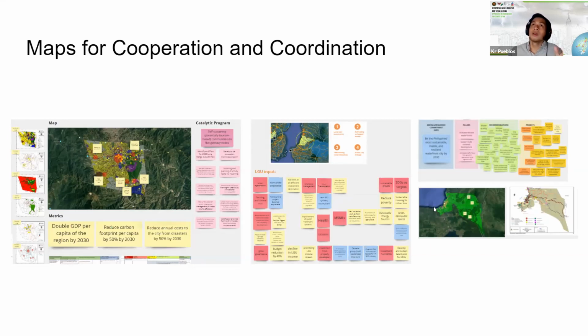And LGUs aren't the only ones looking at your maps. You also have to look at how these projects develop over time and how they're presented to the constituents. You can only plan as much, but if you can't communicate that plan, if you can't communicate those strategies, well, you've already failed.